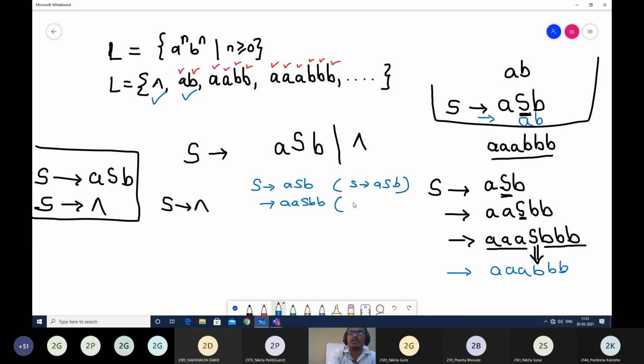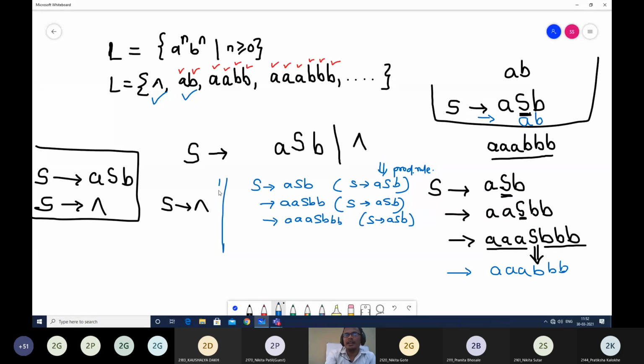Here I write which production rule I am using: S gives ASB. Next time again I use S gives ASB. So ASBBB. In the bracket I am specifying which production rule I have used.